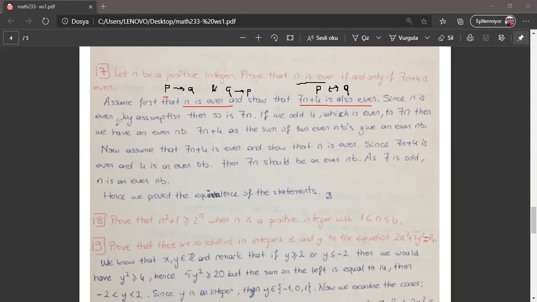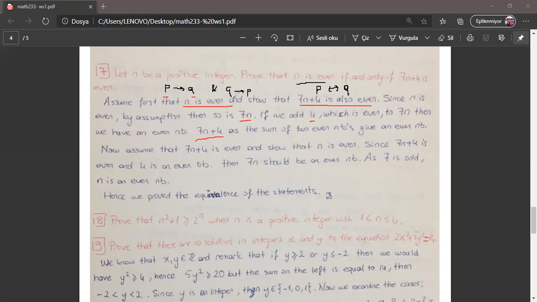Now we know n is even by assumption. Then so is 7n, right? If n is even, then it's also even. Now we add another even number to this even number and obtain 7n plus 4. We have two even numbers and their sum, so it will be again an even number. Thus we showed Q here, which is 7n plus 4 is even.